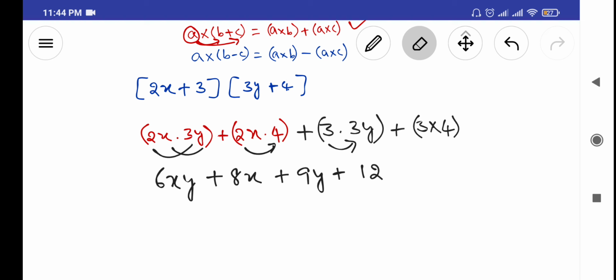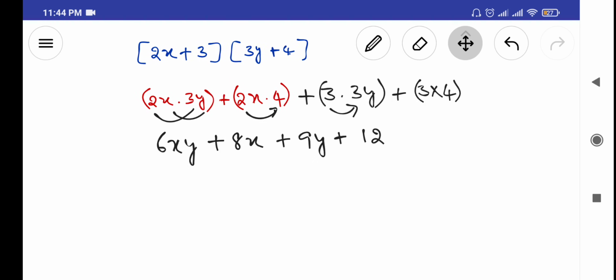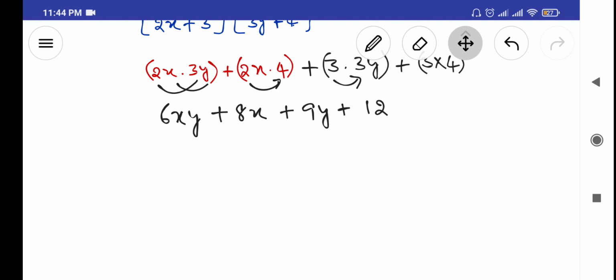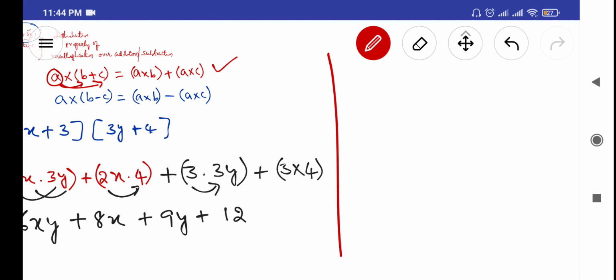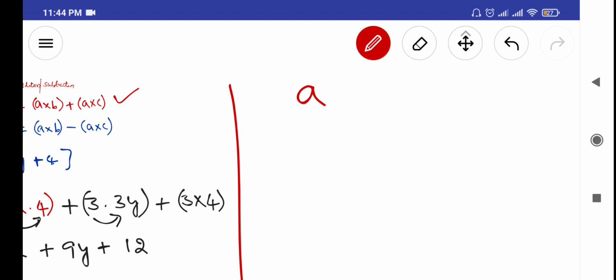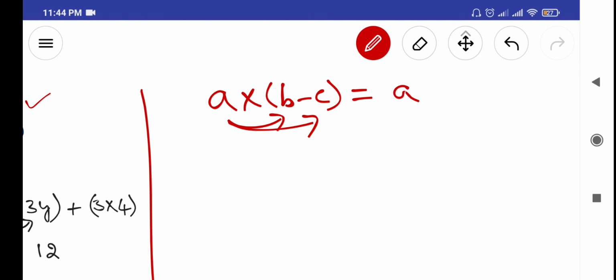Okay, so now we will see one more example where you will have minus terms inside. What are minus terms? For example, suppose you have the property a into (b minus c) is equal to what? You will have to multiply a into b and a into c by keeping the minus sign in between them.